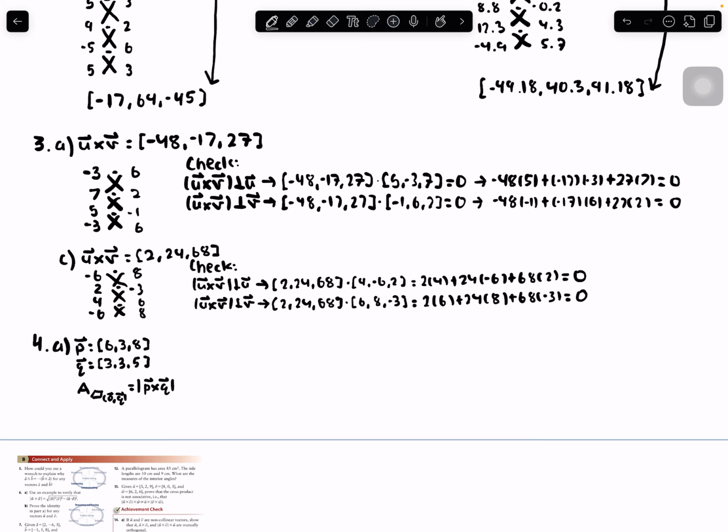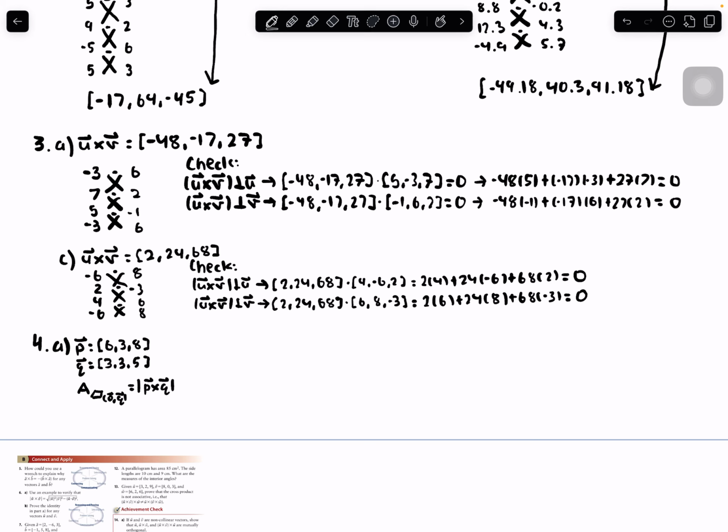Because we just want the magnitude. The issue with that is that it only works if we have geometric vectors. In this case, we have two Cartesian vectors. So we're going to have to do the cross product in the Cartesian way, then take the modulus at the end, and then we'll figure out the answer.